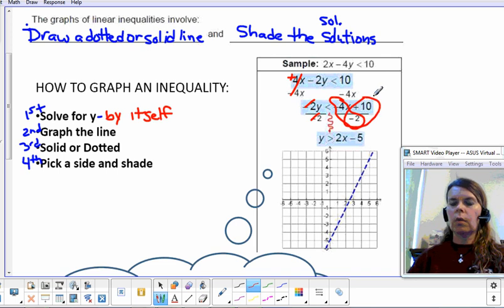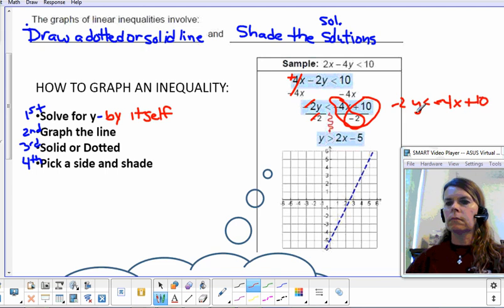If you want to, you can write it out separately. Let's write the negative 2y in so you can see what I'm talking about. Negative 2y is less than negative 4x plus 10. So we have to divide everything through by negative 2.